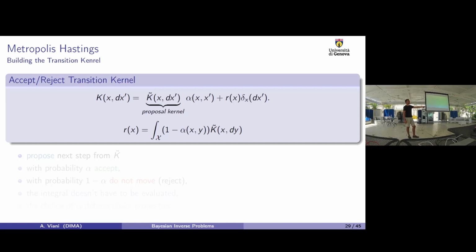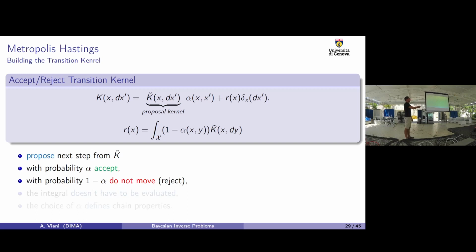Otherwise, we stay where we are, with probability 1 minus alpha. We don't need to evaluate this integral. We just evaluate alpha, otherwise we stay where we are. So this part is not of our interest.